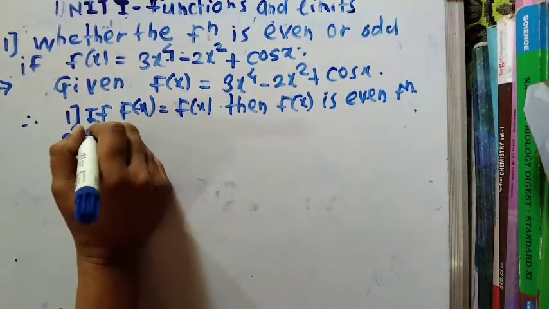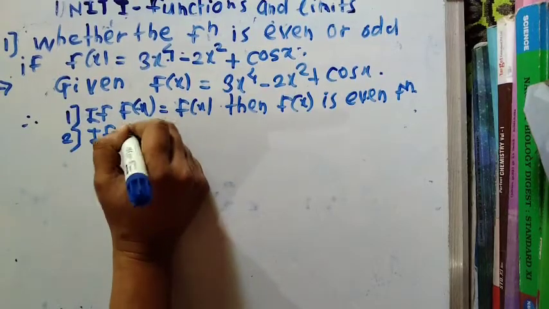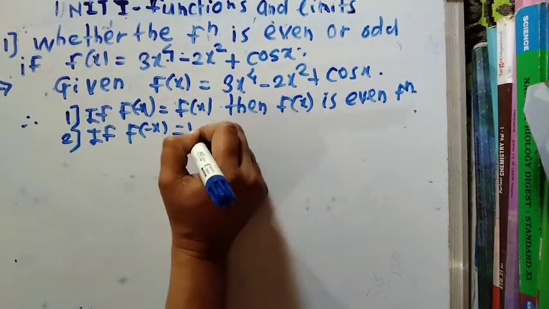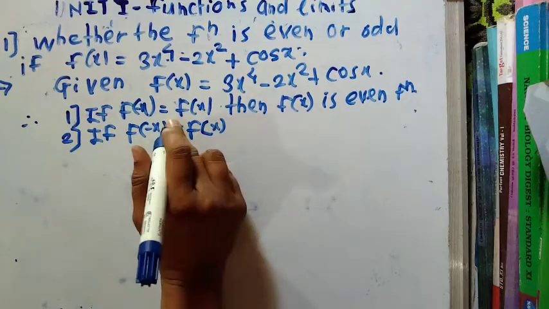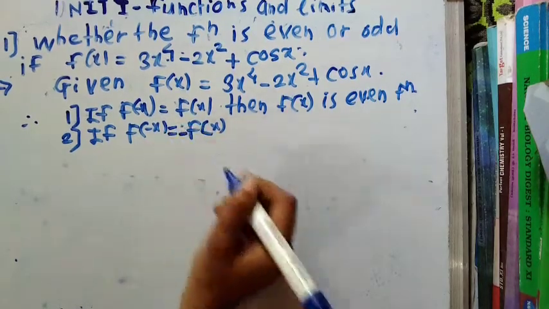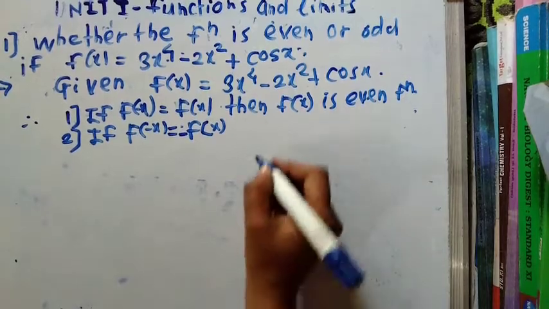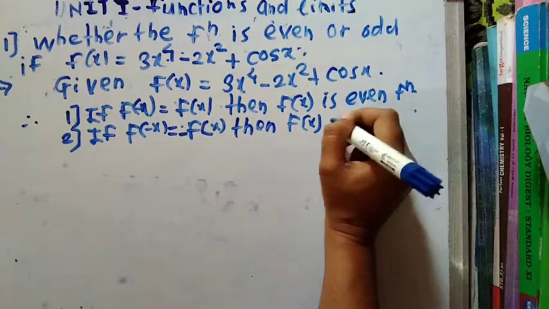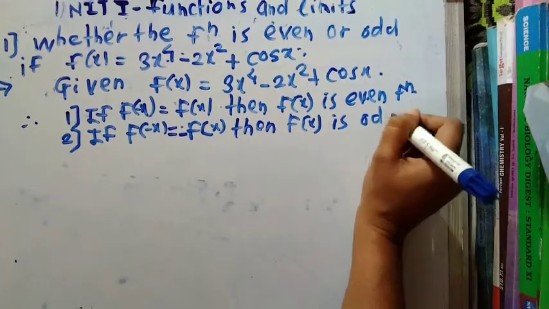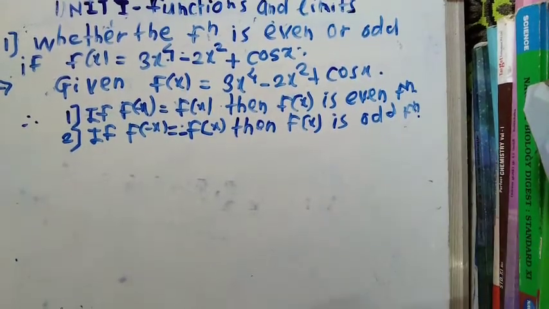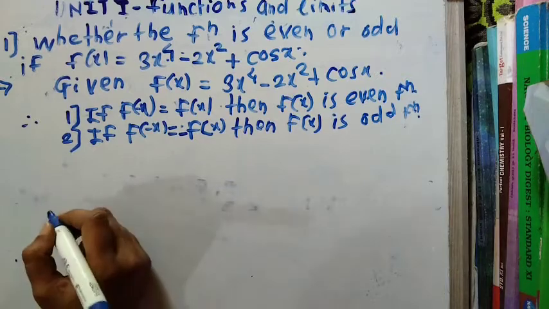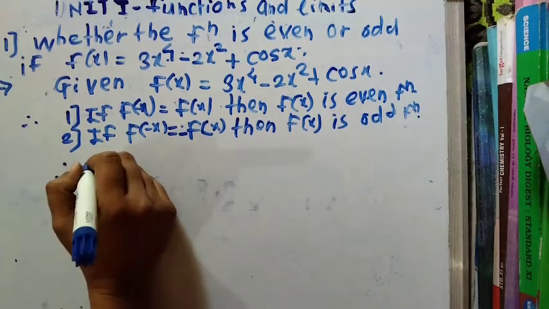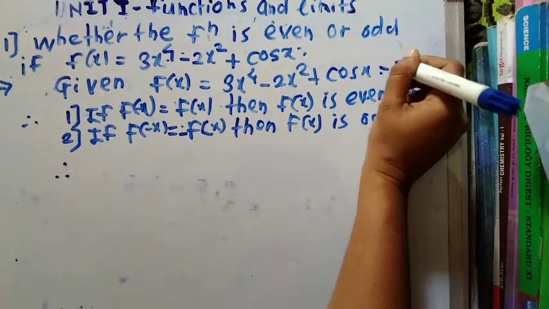And the second condition: if f of minus x is equal to minus f of x, then f of x is an odd function. So first find out from equation 1.